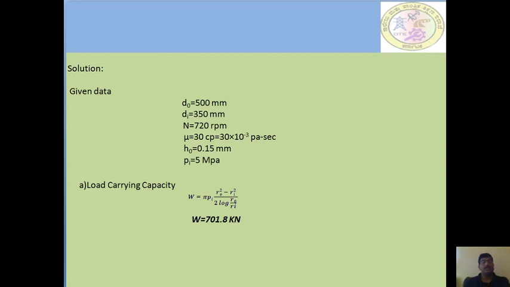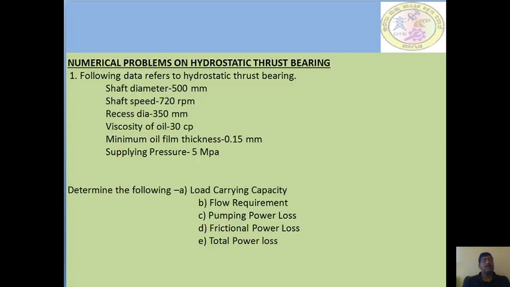The solution. First we have to note down what has been given in the problem, which is called the data. Shaft dia is given, shaft speed N in rpm, and recess dia 350 mm.